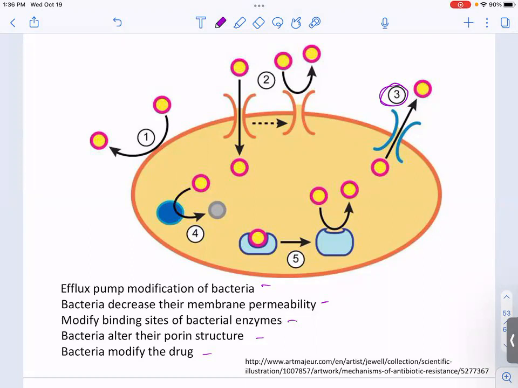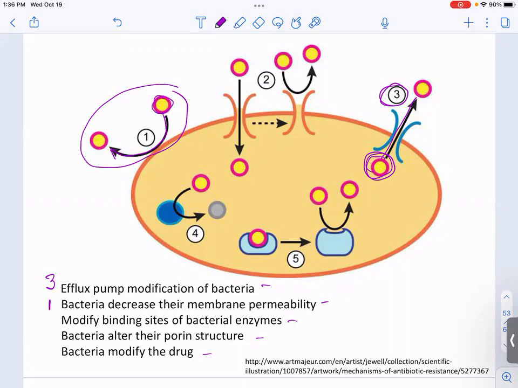I know sometimes it's confusing who's doing what here, and even this drawing is a little bit confusing, but this first one, efflux pump modification, that's if the circle here is the antibiotic and that's getting pumped outside of the cell. So that's number 3. Bacteria decrease their membrane permeability. So in other words, the antibiotic can't get in the bacteria.